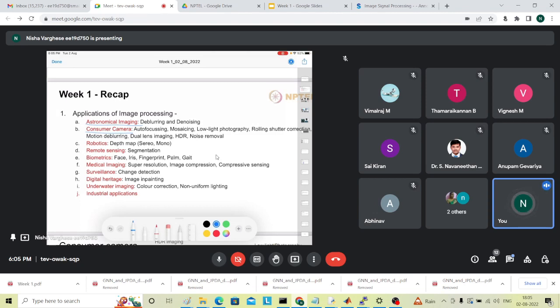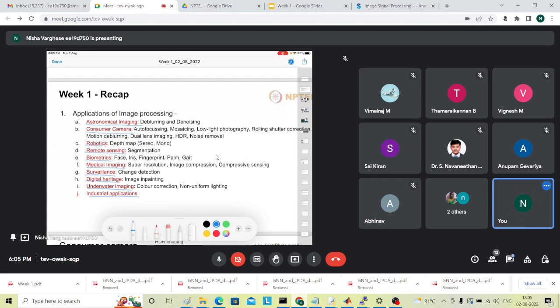Okay, then comes robotics. For robotics, the main thing is to find the depth map. Then comes remote sensing. There segmentation is the main application. Then comes biometrics, then medical imaging, surveillance, digital heritage, underwater imaging, and industrial applications. These points are already discussed in the week 1 video.